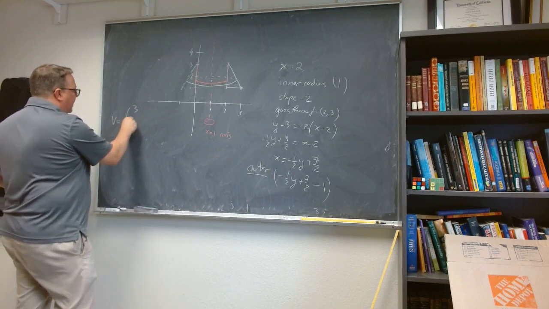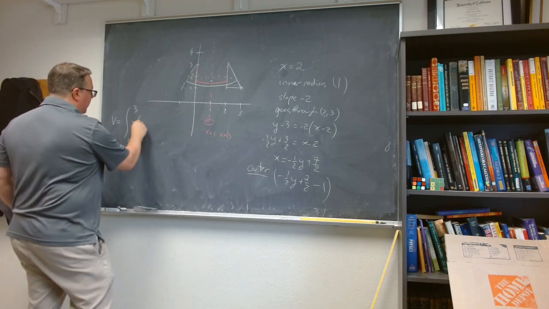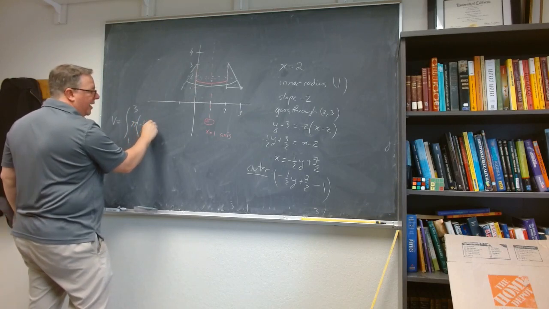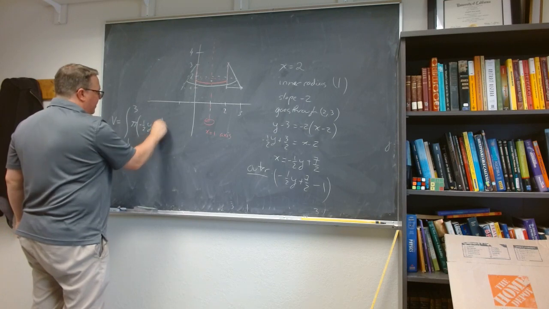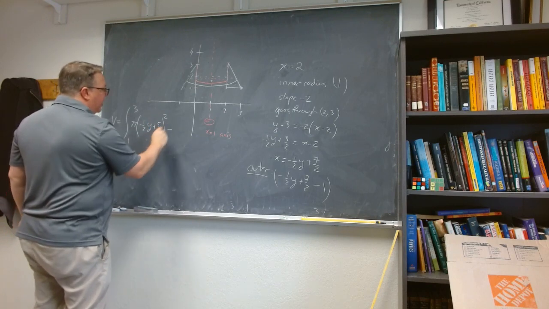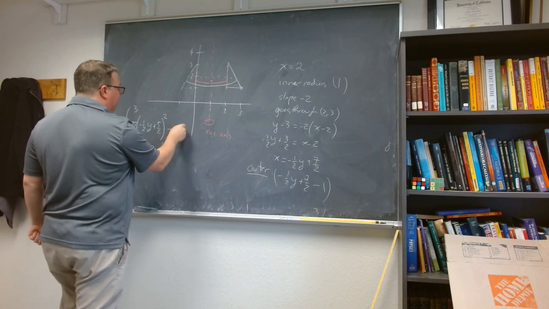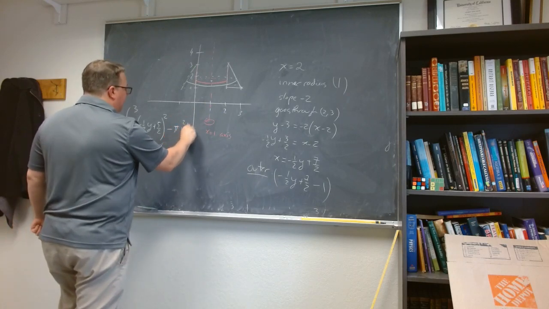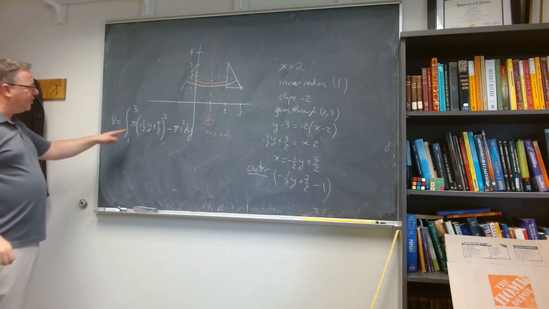We do pi times the outer radius squared, which is going to be -1/2 y plus 5/2, because 7/2 minus 1 is 5/2. We're going to square this, and then we're going to subtract pi times the inner radius squared, which is just 1 squared. And we're integrating dy. So we can just pull out the pi.